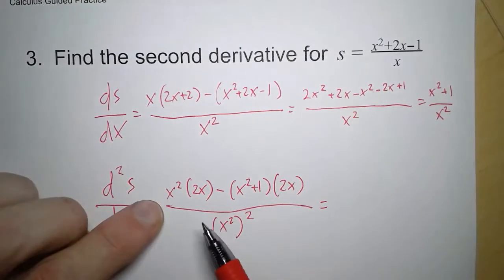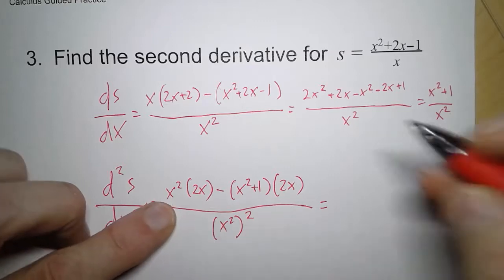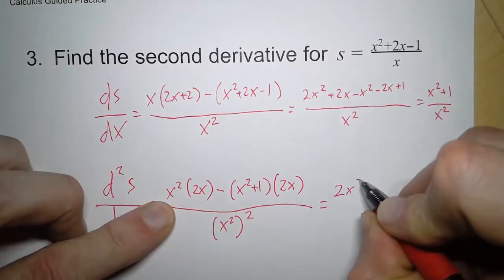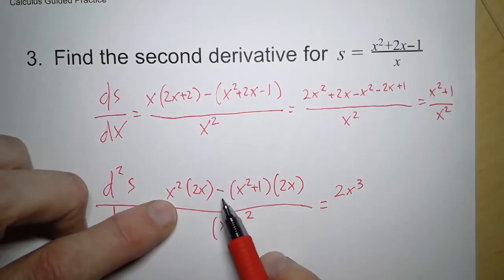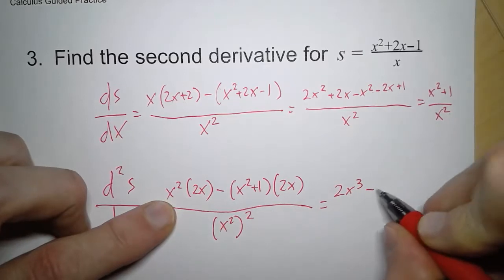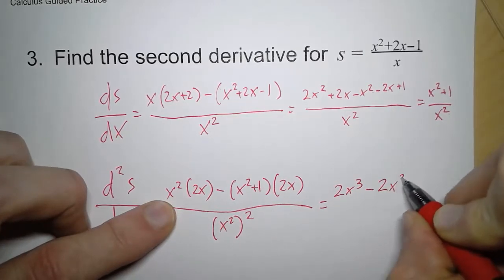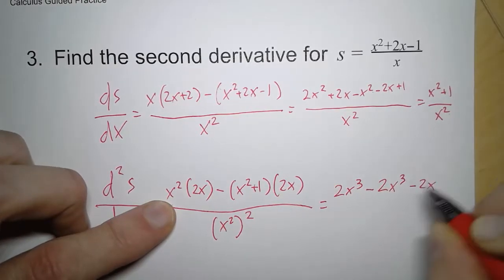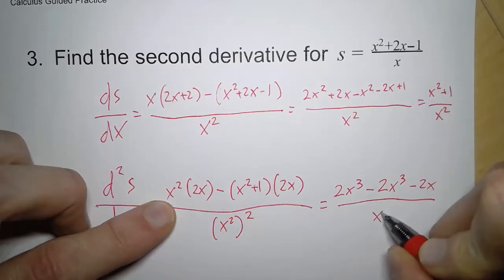So now we've simplified. X squared times 2x is 2x cubed. Remember that this negative distributes into everything. So we have negative 2x cubed minus 2x all over x to the 4th.